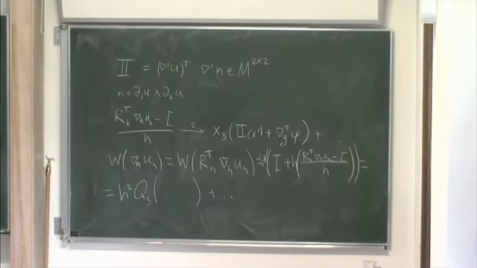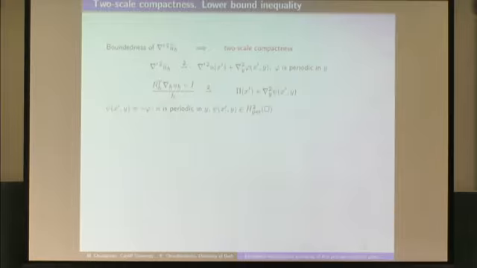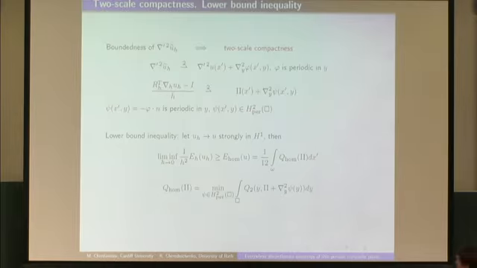And this function psi is just this limit phi multiplied by the scalar product by the normal to the surface. Okay, and phi and psi are periodic with respect to y. So passing to the limit and writing the inequalities, we can show the lower bound inequality.